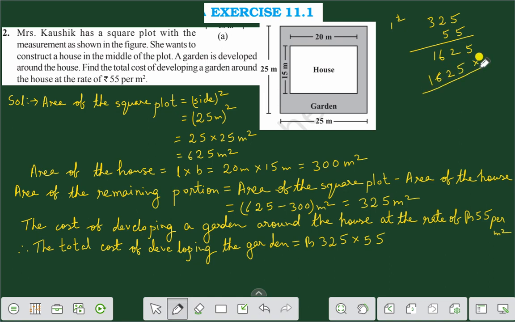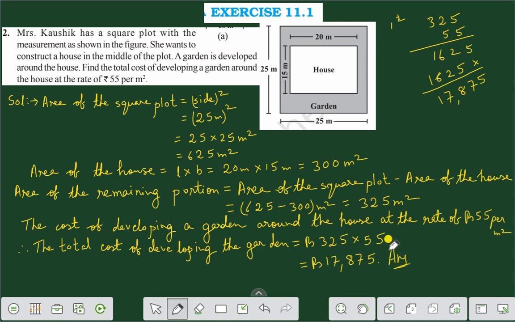If we add this, that is 5. 5 plus 2 is 7. 6 plus 2 is 8. 6 plus 1 is 7. 1. That is 17,875. That is equal to rupees 17,875. That is the answer.